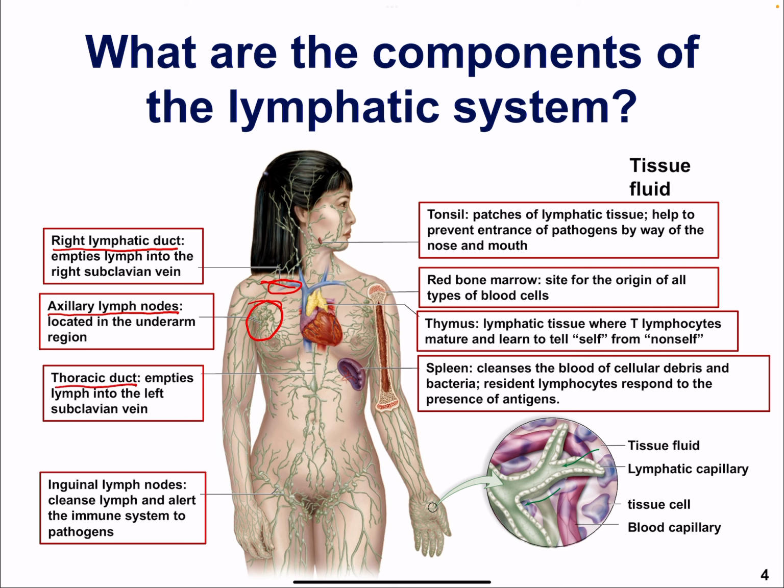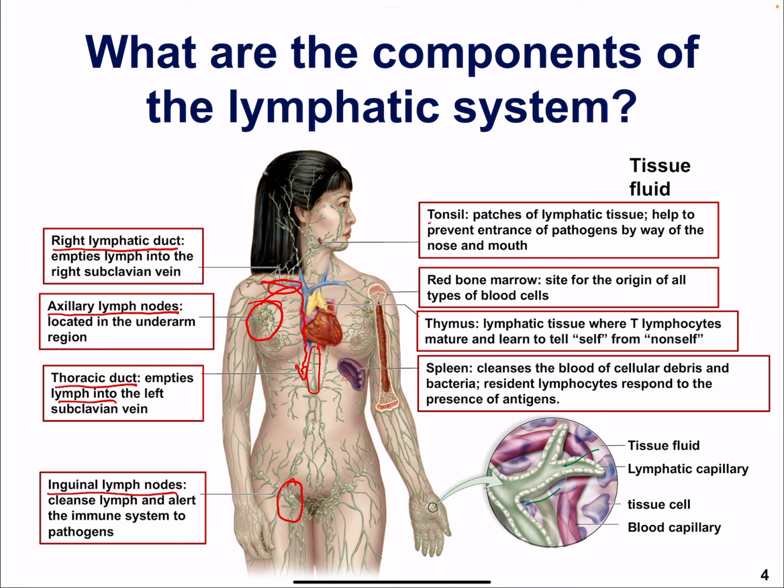The thoracic duct, right here, is going to receive the lymph that comes from the subclavian vein, right? So it goes like this, going down. Then we have the inguinal lymph nodes. These are the lymph nodes that are found in the groin area.